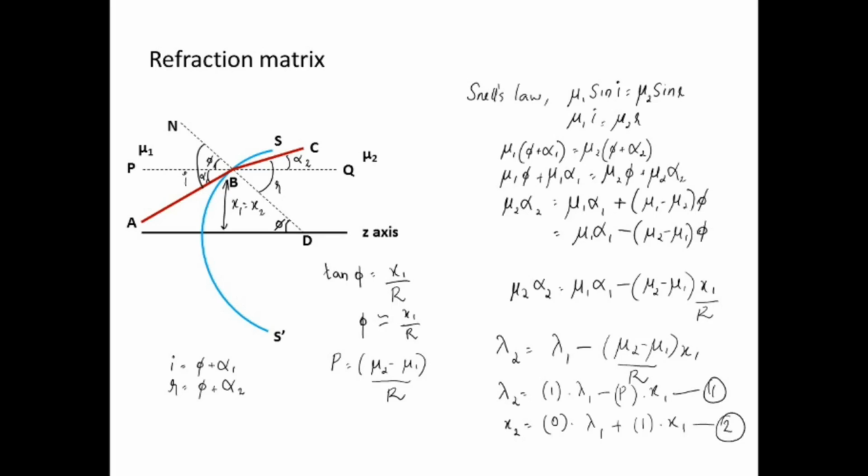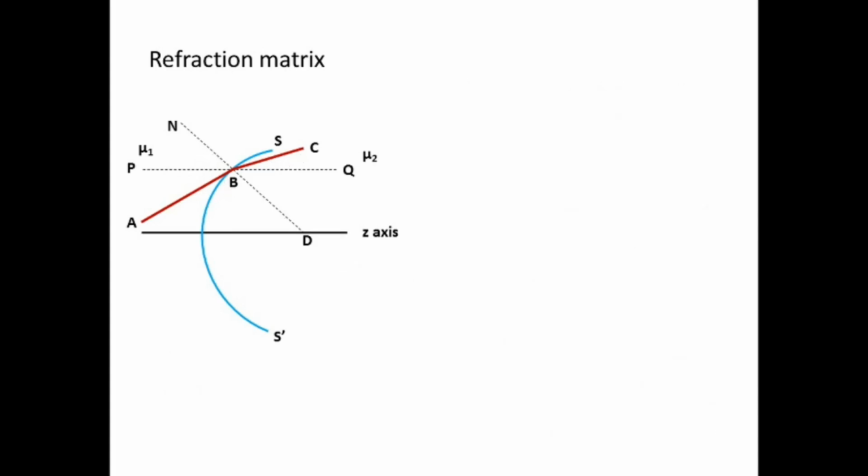Now to write these two equations in the matrix form, I take the two equations, which were lambda 2 is equal to 1 into lambda 1 minus p into x1 and x2 is equal to 0 into lambda 1 plus 1 into x1.